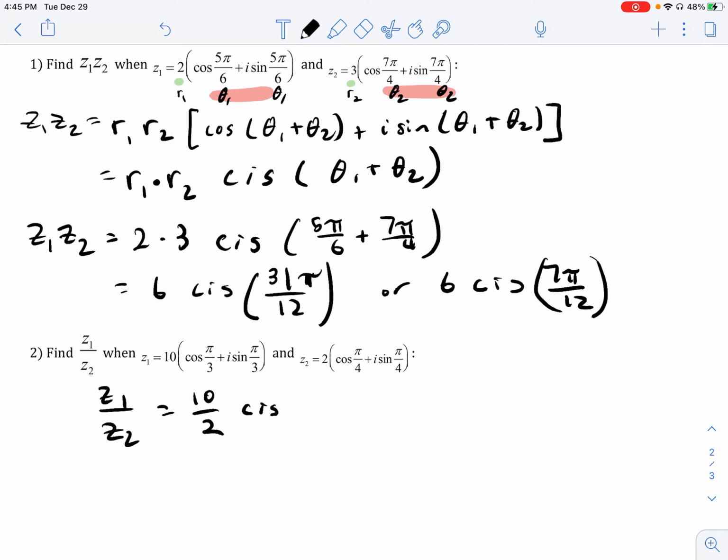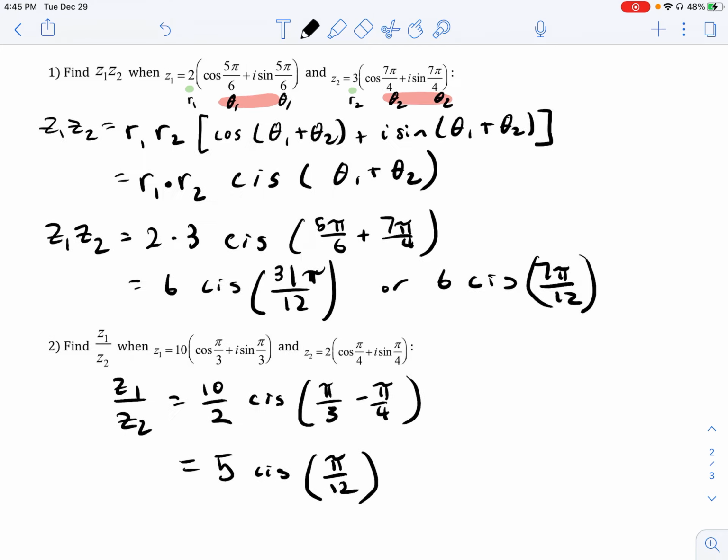And again, if you were to expand these all out, what we are actually going to do is subtract our angles. So we're going to say first angle, pi over 3, minus the second angle, pi over 4. So the quotient of these two complex numbers would be 5 CIS of 4 pi over 12 minus 3 pi over 12, which is just pi over 12. So there is the quotient of these.